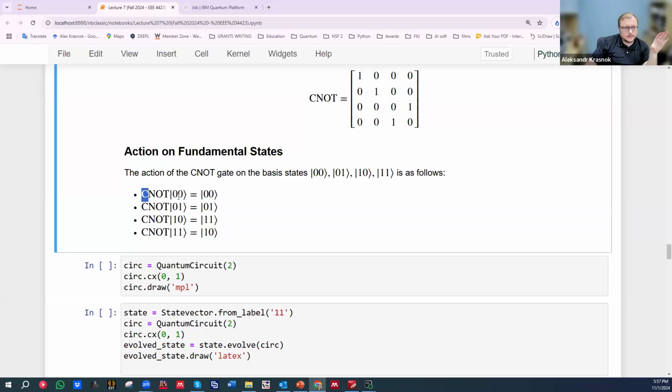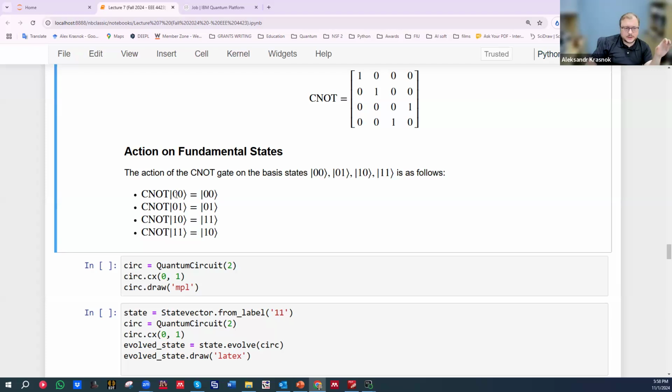Right, so applying this CNOT gate to the basis vectors. Now I have 4 basis vectors: 00, 01, 10, 11, which basically enumerate all possible states of the first qubit and the second qubit. This is the first, this is the second. Let us see for this particular case. This is classical notation, okay?